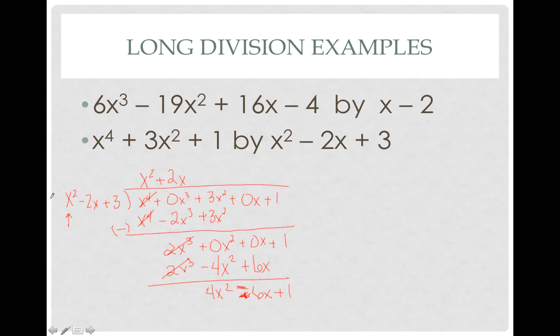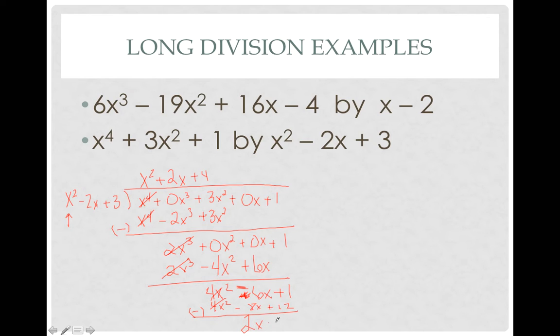Then again, I ask myself, how can I make an x squared into a 4x squared? I just need a 4. I get 4x squared minus 8x plus 12. And when I subtract, those go away. And negative 6 minus negative 8 is 2x.